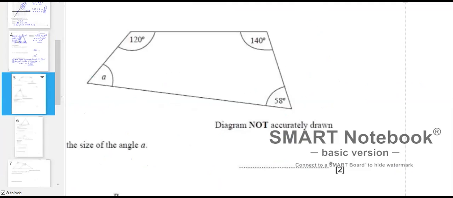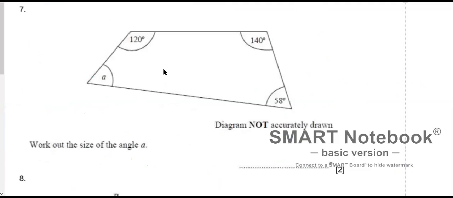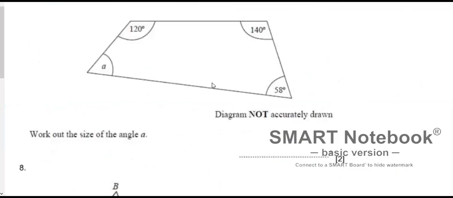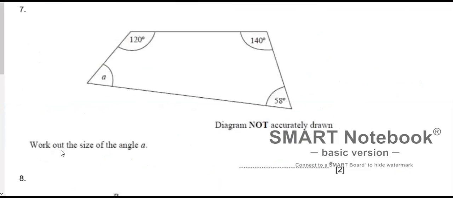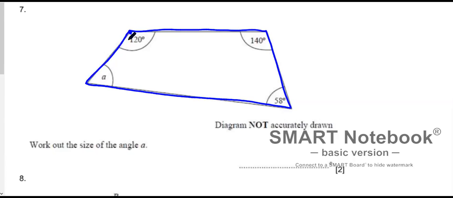Next question is also about angles. Work out the size of the angle A. We are given a shape here which has 4 angles.